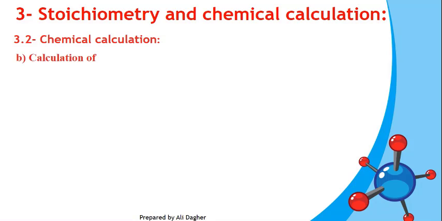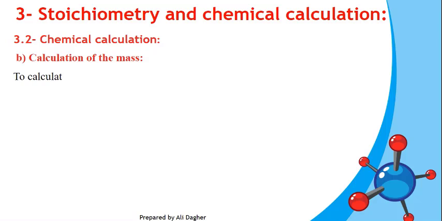Now, calculation of the mass. After we have calculated the number of mole of reactant disappears or product formed, reactant left for reactant in excess, we can deduce the mass and the volume.